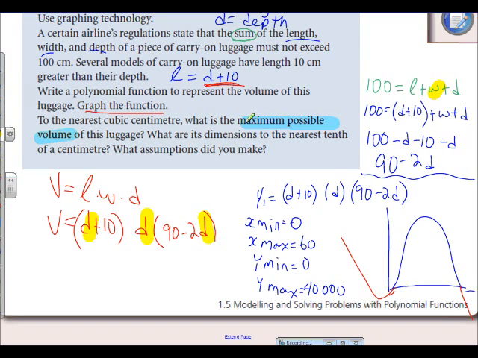Now we're looking for our maximum point here, which in this case would be at 28.58, comma 36209.92.